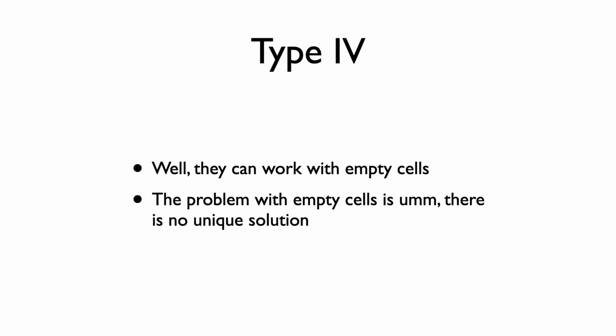They'll come up with a solution. The problem is they will not come up with a unique solution. Or they'll come up with a unique solution, but it's not the only solution. Let's say that. Because there is no unique solution if there is a whole cell of your analysis missing.